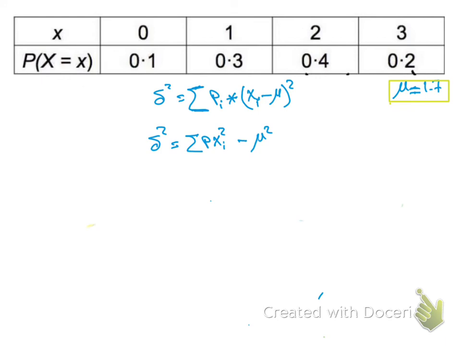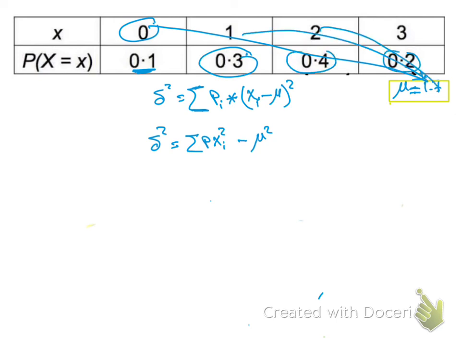Okay, so we have already taken the first way how to find the variance, sigma square, and we said it is the probability pi times x minus mu, plus the second probability times x minus mu, the third probability times x minus mu, the fourth probability times x minus mu, as we just listed.